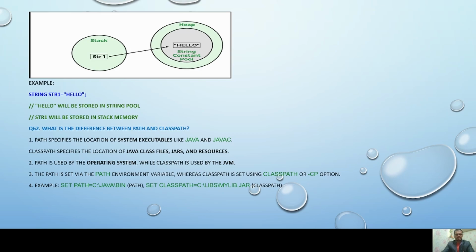Path is used by the operating system while class path is used by the JVM. The path is set via the path environment variable, whereas class path is set using class path or -cp option. Example, set path is equal to, let's say, c:/java/bin, that is path. Set class path is equal to c:/lib/mylib.jar, that is class path.